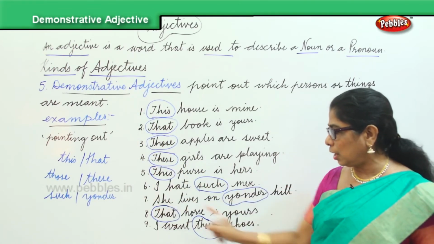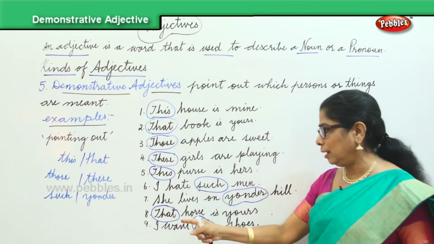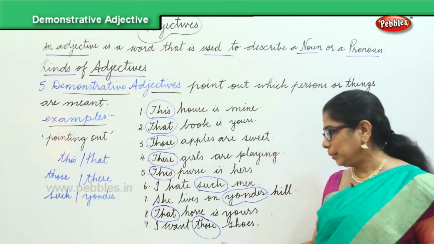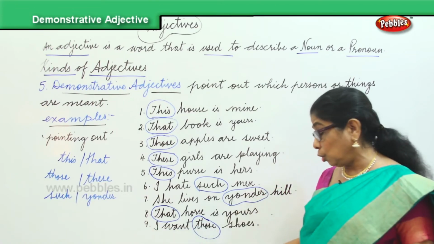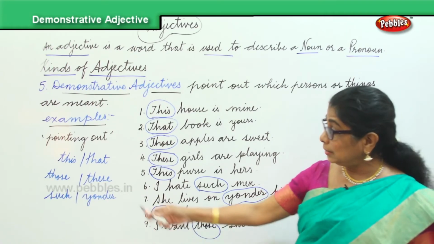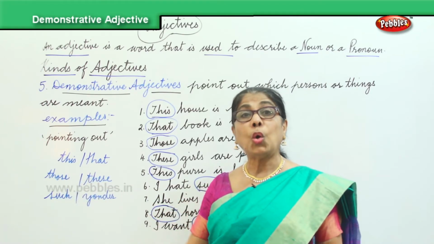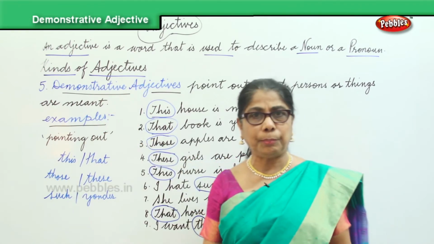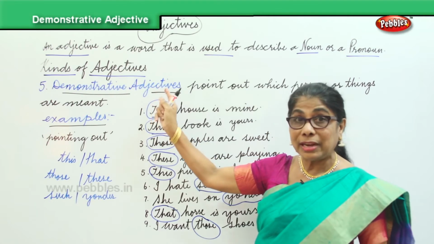We are pointing out to that yonder hill, to that horse, and to those shoes. The words this, that, those, these, such, yonder, all these words tell us they are demonstrative adjectives.